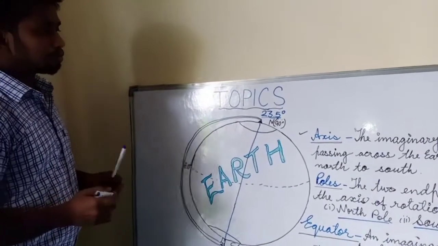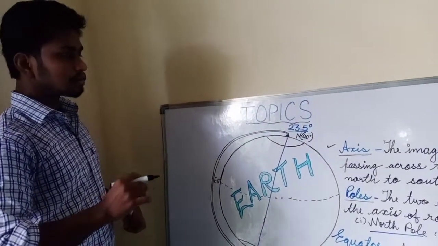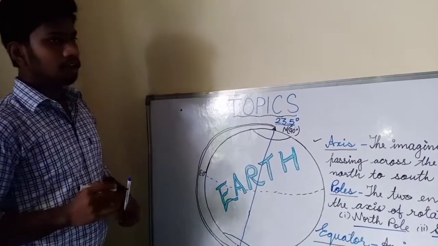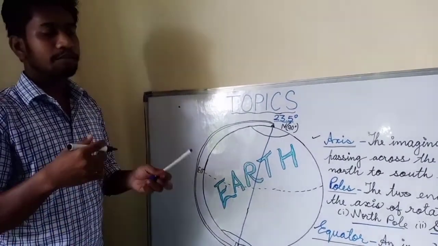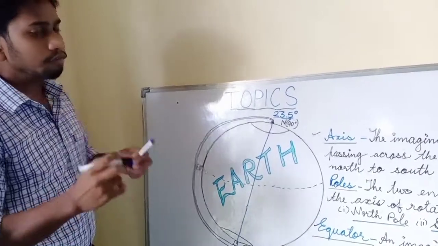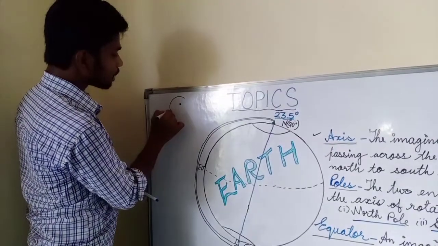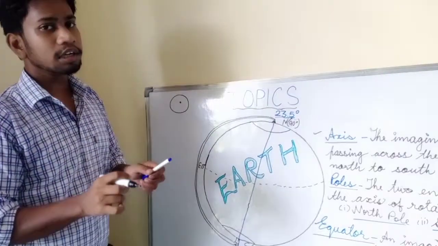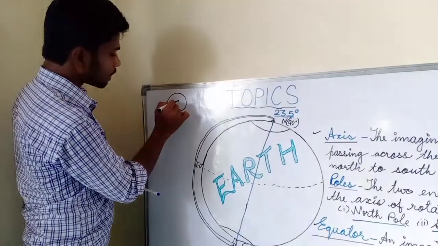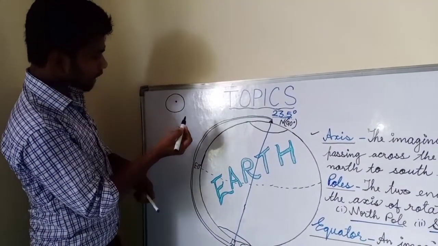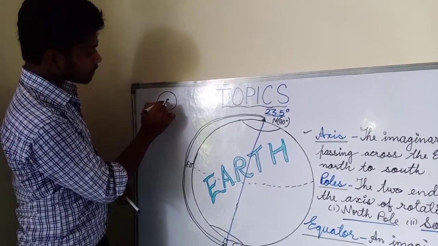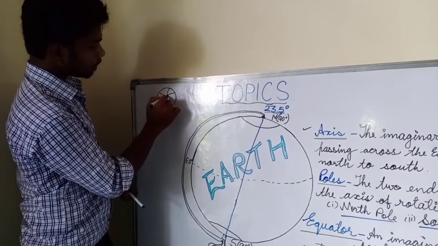Now we will see the first point, axis. What does axis mean? Axis means a fixed point. When you are riding a bicycle, you can feel that your wheel is moving around a particular point. How is it moving? Because the wheel is fixed in the middle and connected with spokes.